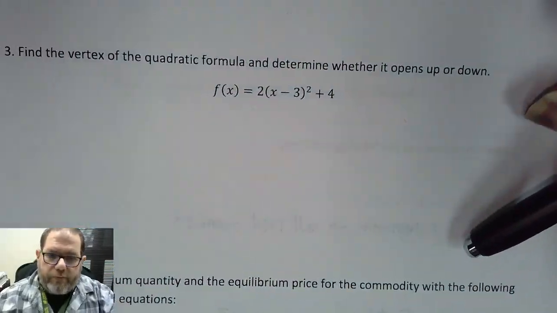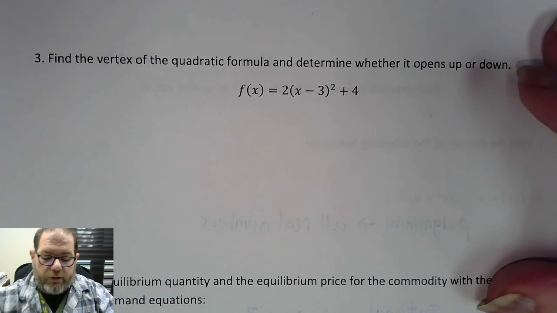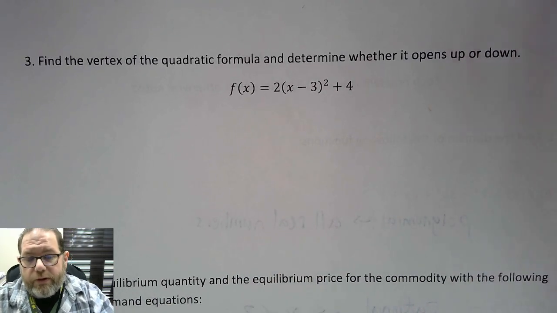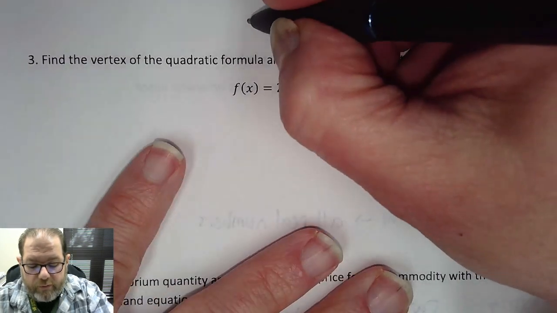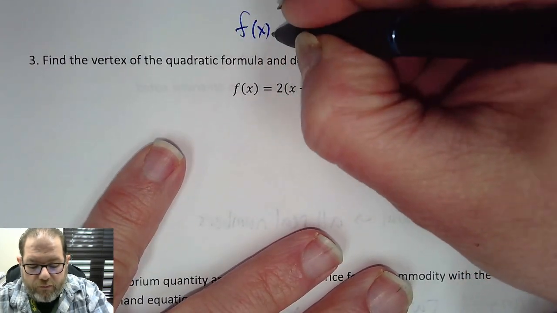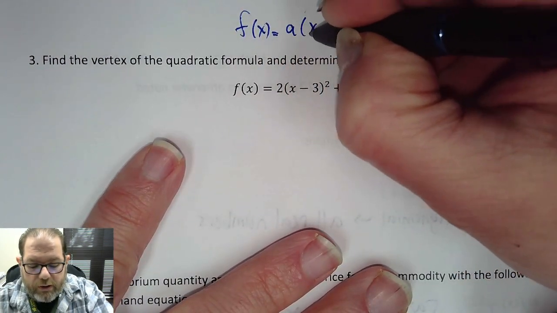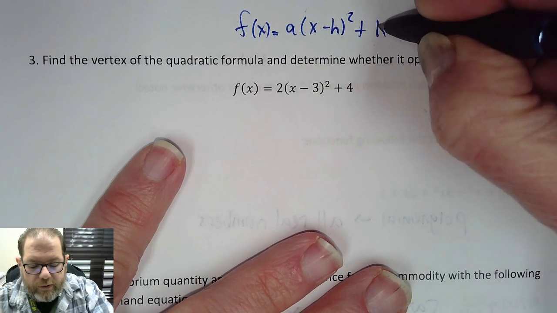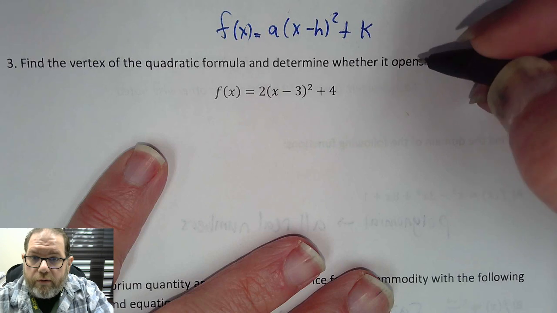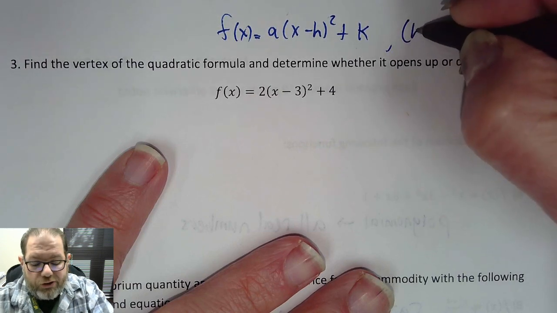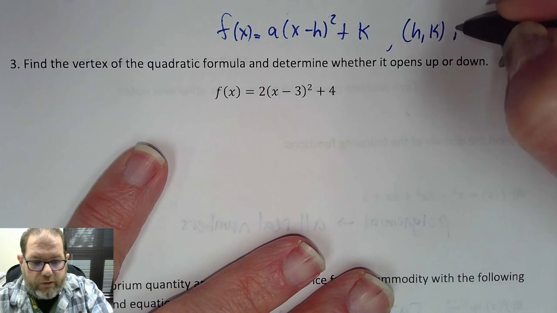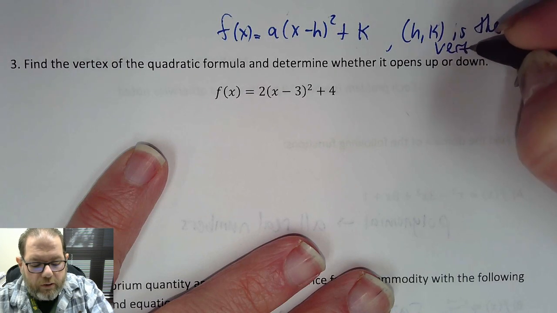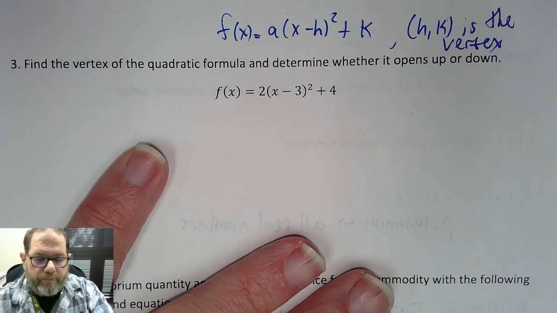Okay. Find the vertex of the quadratic function. Determine whether it opens up or down. Now, first of all, the vertex, and we have this formula on the formula sheet. That says, well, here's our formula, and (h, k) is the vertex. Okay.